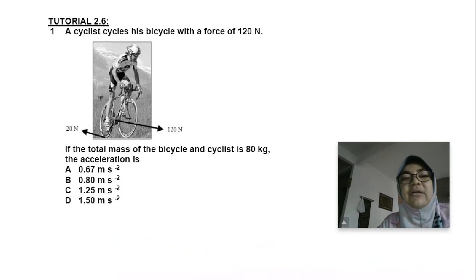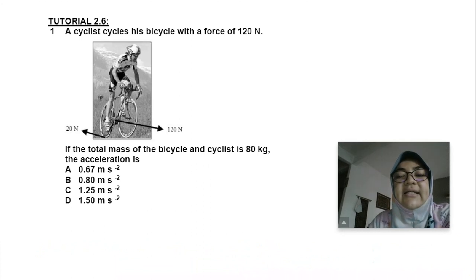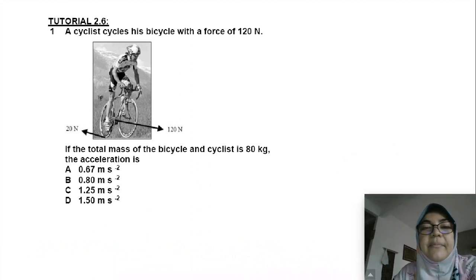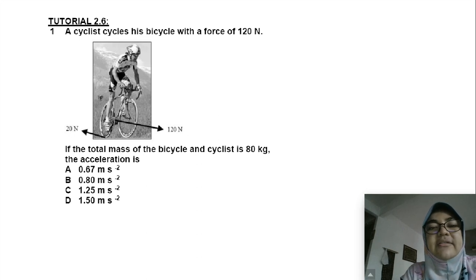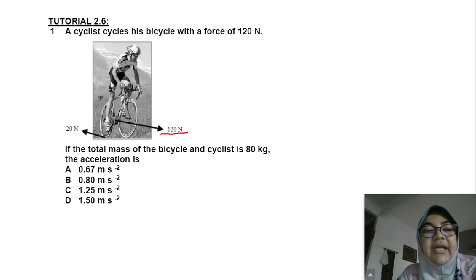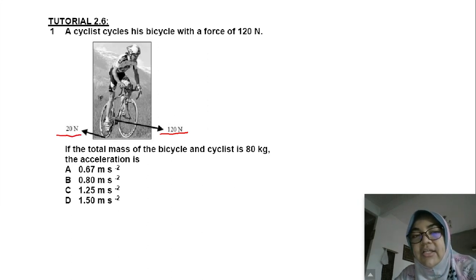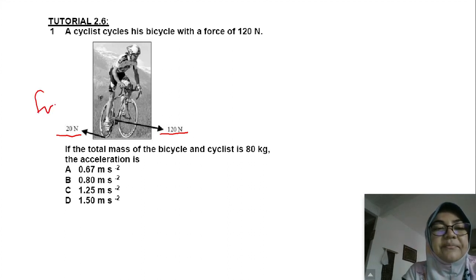Okay, so now let's look at the question. A cyclist cycles his bicycle with a force of 120 Newton. If the total mass of the bicycle and cyclist is 80 kg, the acceleration is? The force exerted by the cyclist is 120 Newton. And don't forget, look at the diagram. We have 20 Newton force in the opposite direction. This is the friction.